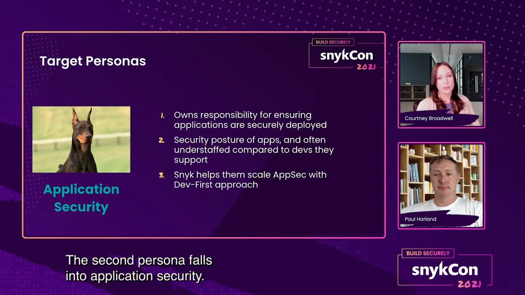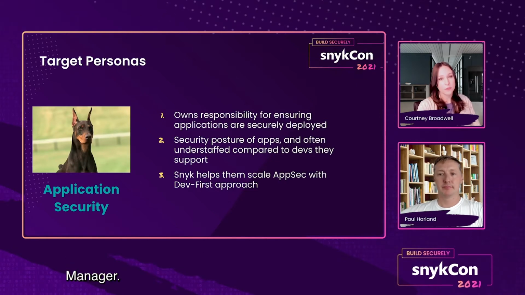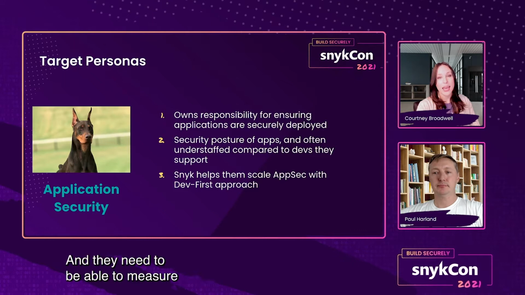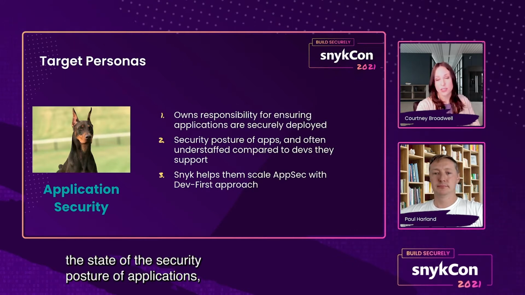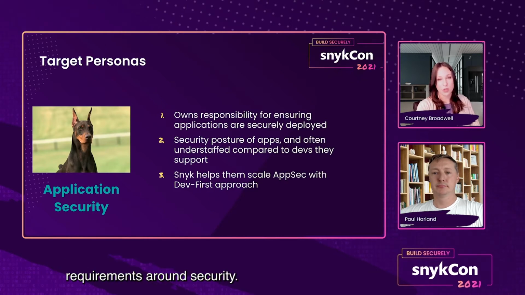The second persona falls into application security. And titles for this persona could be application security admin, security analyst, or a security manager. She owns responsibility for ensuring that applications are securely deployed without impacting the business. And they need to be able to measure the state of the security posture of applications and report on it to support regulatory compliance requirements around security.